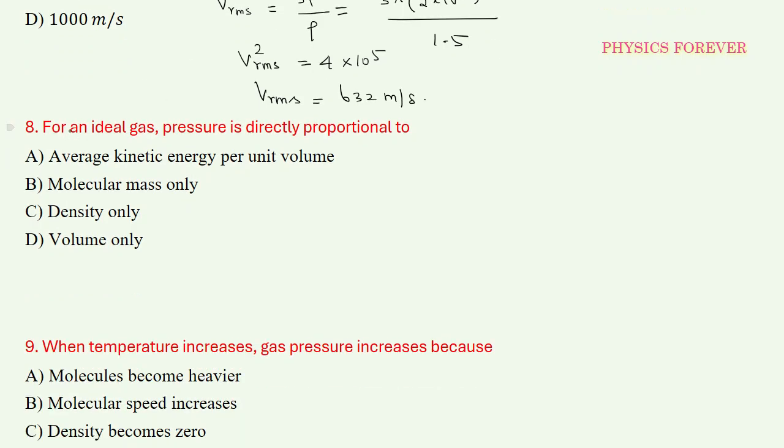Question number 8: for an ideal gas, pressure is directly proportional to which one? The correct option is A, the average kinetic energy per unit volume.